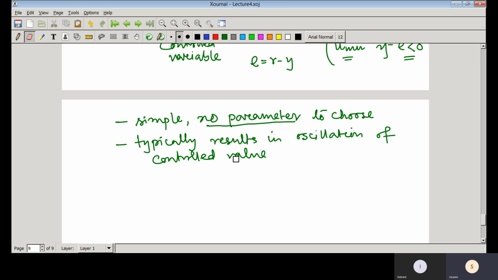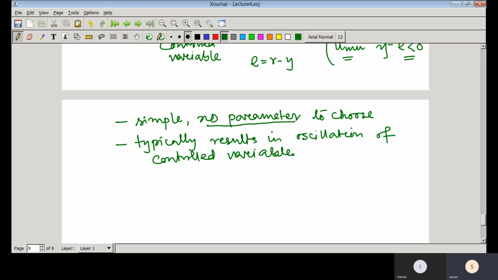The reason is that whenever the error changes, once it becomes positive and again negative, U changes from U max to U min and back, and there is a discrete jump. So there is an oscillation in the controlled variable. This is one of the disadvantages of on-off control.